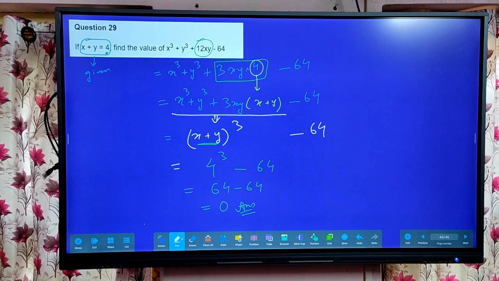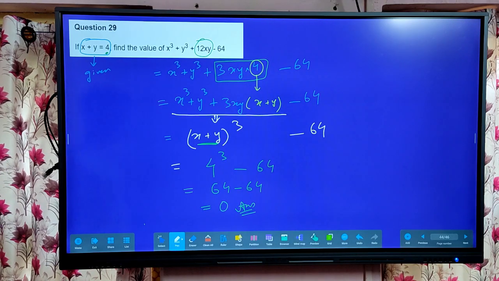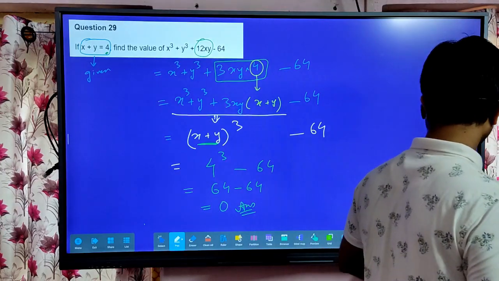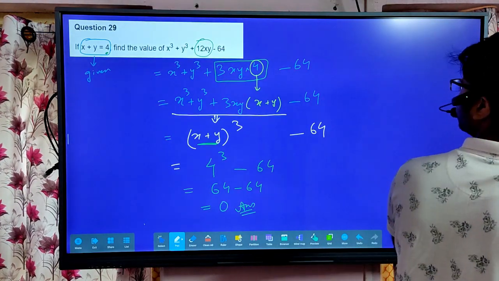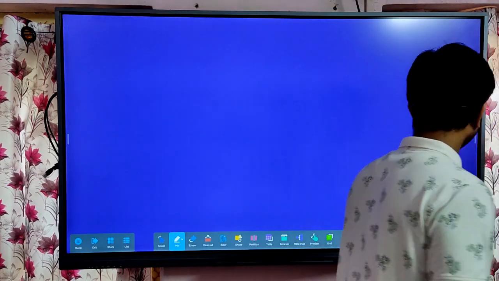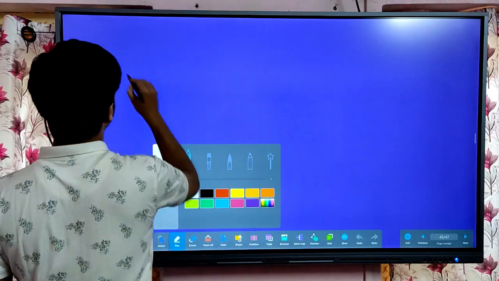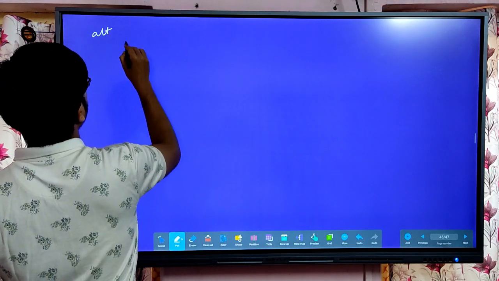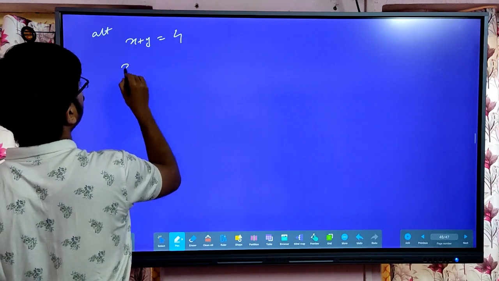I will do the problem in another way. Please pause the video, write it down. I will add one page and do it in another way. See, alternate way, I am writing alternate. x plus y equal to 4 is given, so you can take the whole cube on both sides.